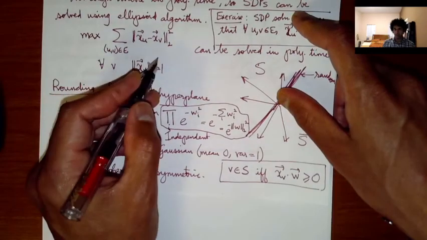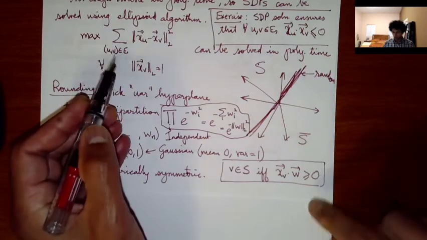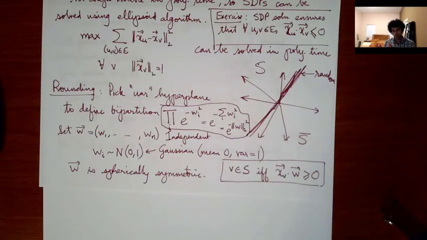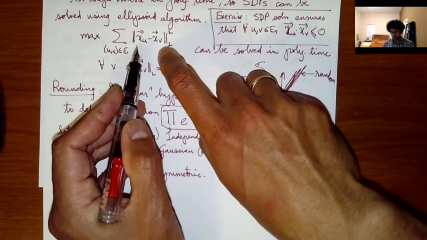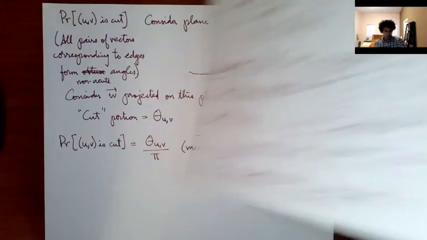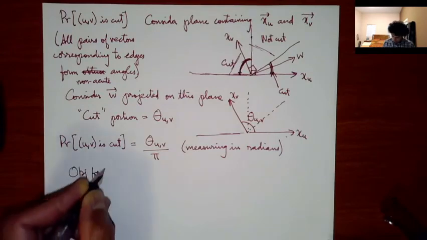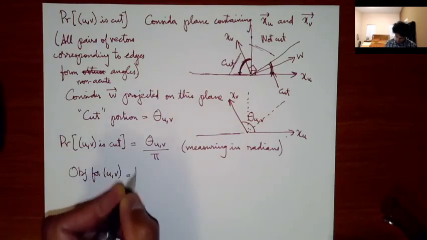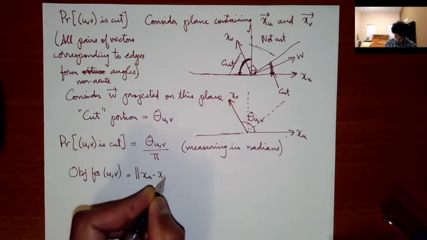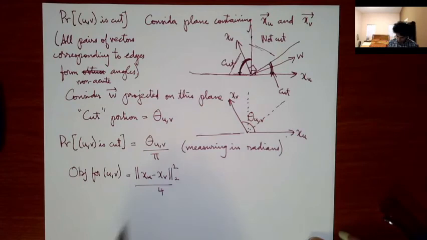On the other hand, let's compare this with the objective value. Remember, this is the usual thing we do in randomized rounding, right? We look at an edge and ask what is the probability it's cut compared to what is there in the objective? So technically, this is divided by 4. The objective for UV is xu minus xv squared divided by 4.